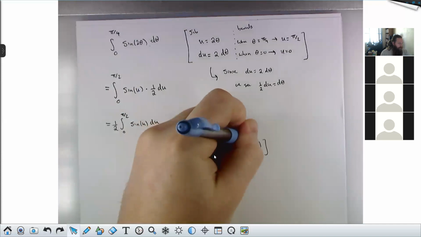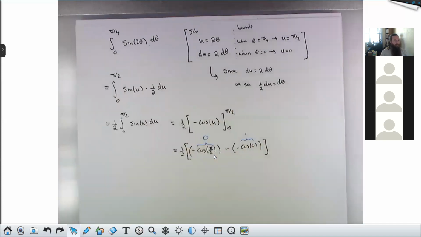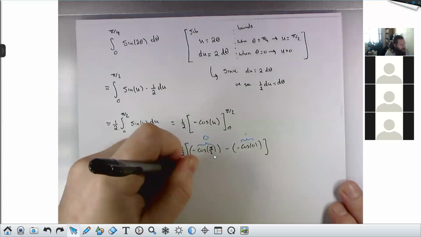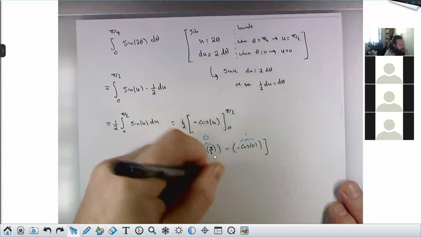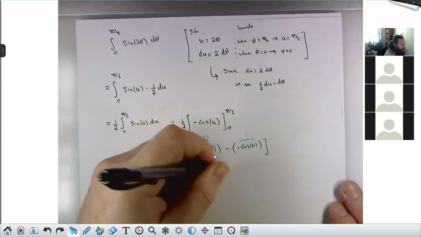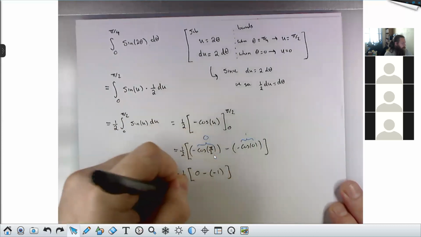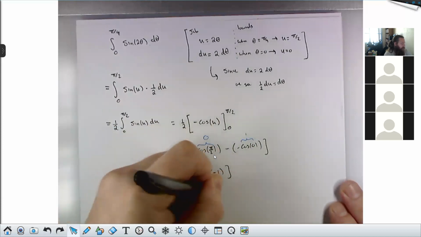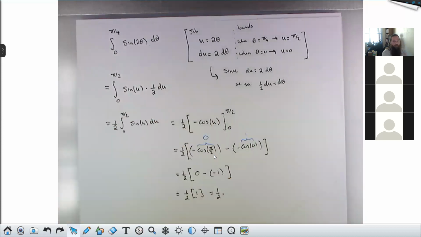And the cosine of 0 is 1. So this is 1/2 times 0 minus -1, which is just 1/2 times 1, or 1/2. So this is called substitution or U sub, and this is what we're going to work on next week.